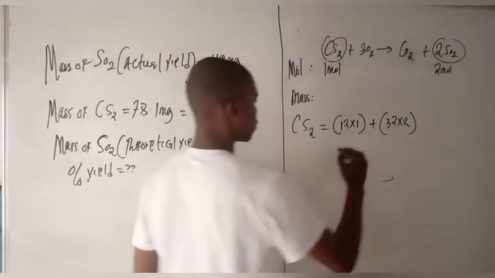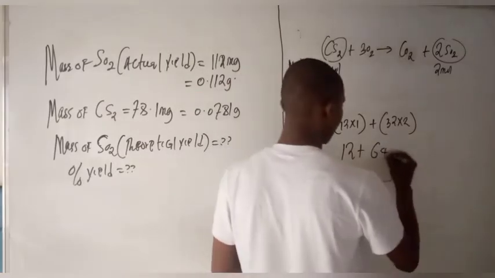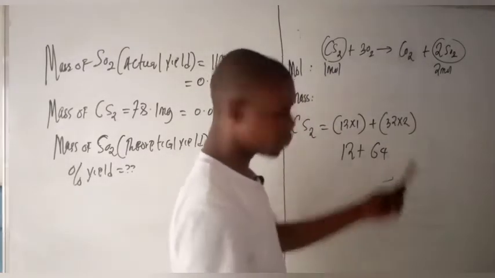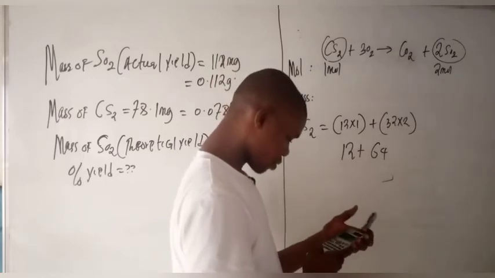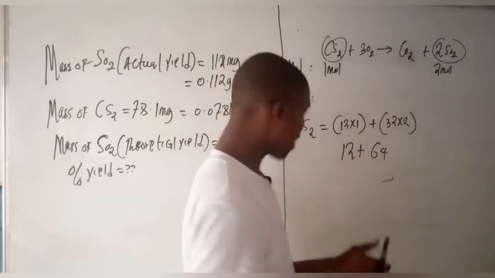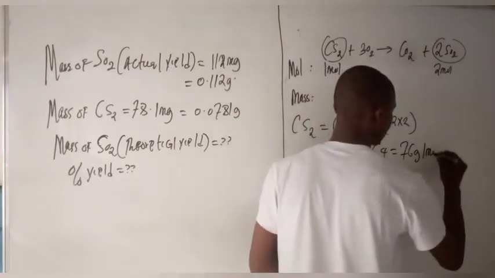So 12 times 1 is 12, plus 64. When you add them together, 12 plus 64, we have 76 grams per mole.